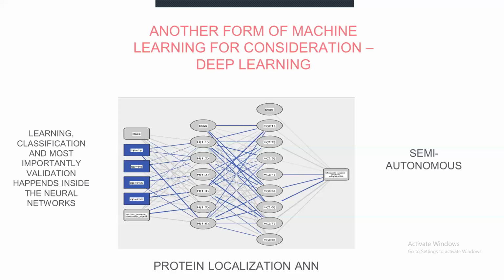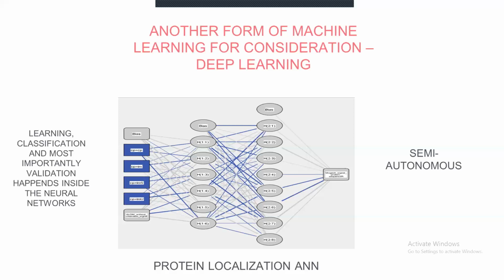In deep learning, a lot of these things are semi-autonomous, right? So a lot of those rules, different methods, different validation rules as well, are actually created inside the neural network. And we don't have too much to do with that. Neural network has its own code, how to start the model, how to create the network, but then most of the things actually happen inside the neural network.